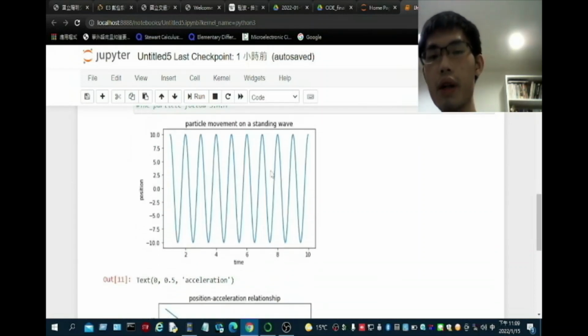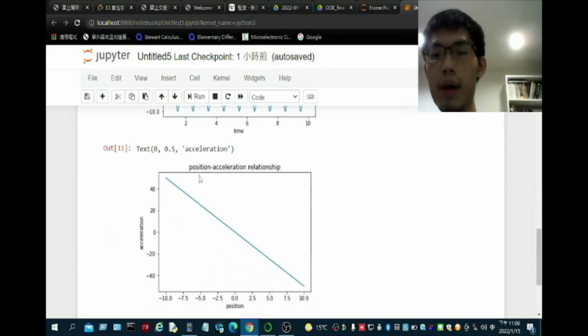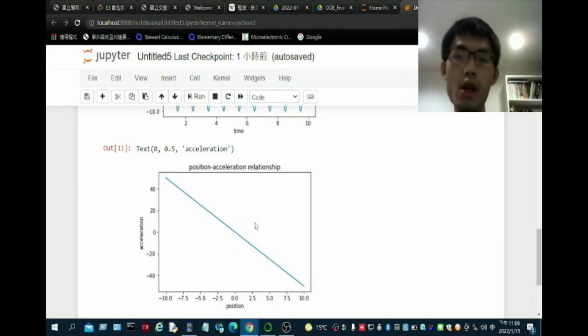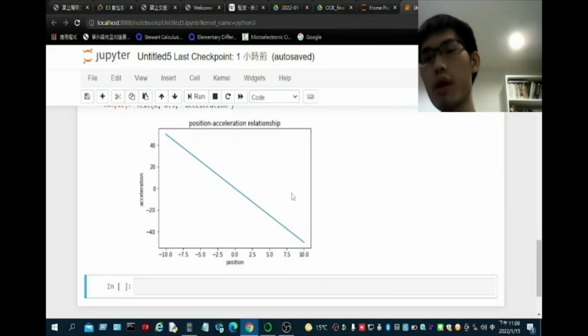And actually it will follow simple harmonic motion, as we will see in the position and acceleration relationship. The acceleration of the particle depends on the position where the particle is, and it will be a straight line. So next, Jason will introduce more about our Python simulation.